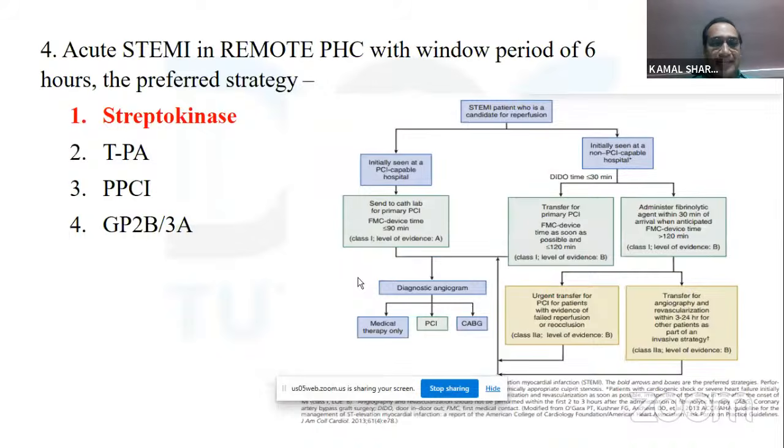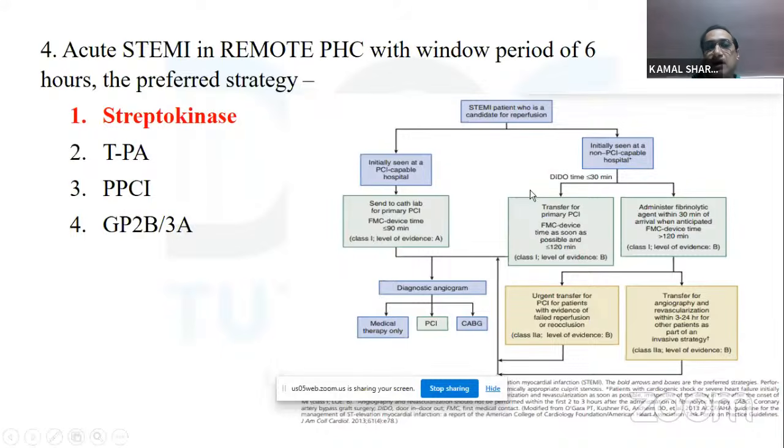Now, the keyword again here is remote PHC, which means you cannot probably reach a cath lab enabled center in time. So when a patient reaches you at a remote PHC, it's likely that the time you would have to transfer this patient is going to be more.